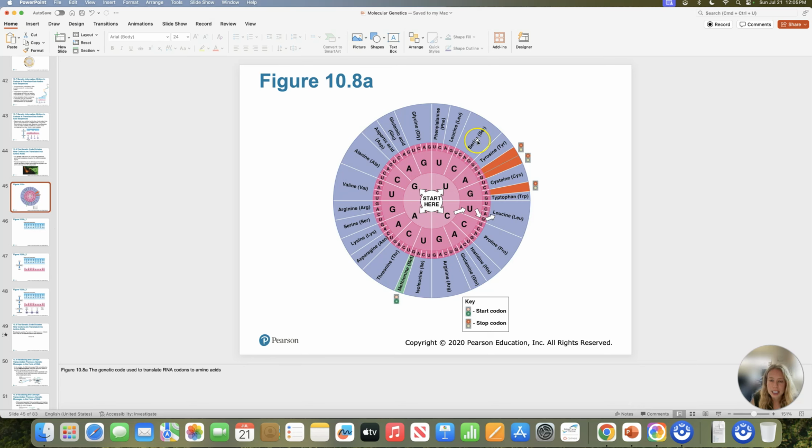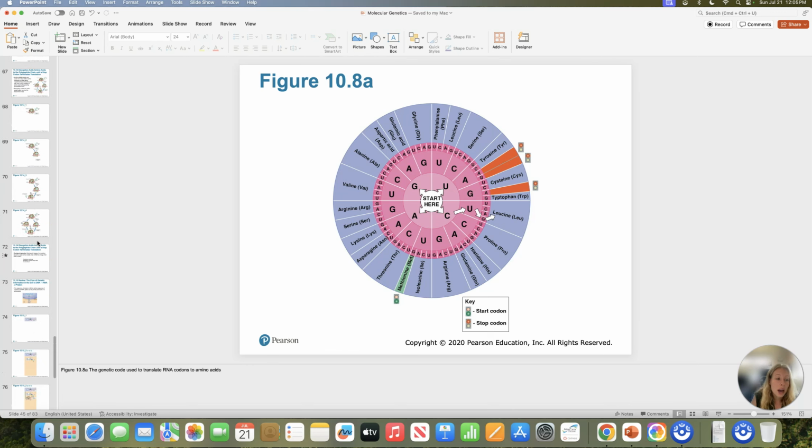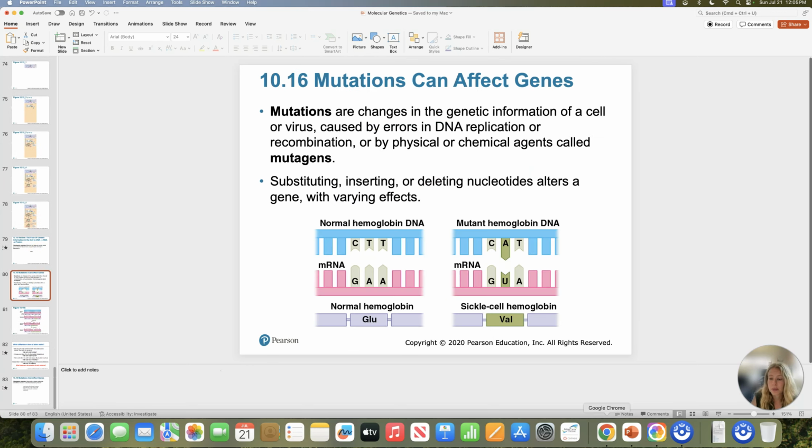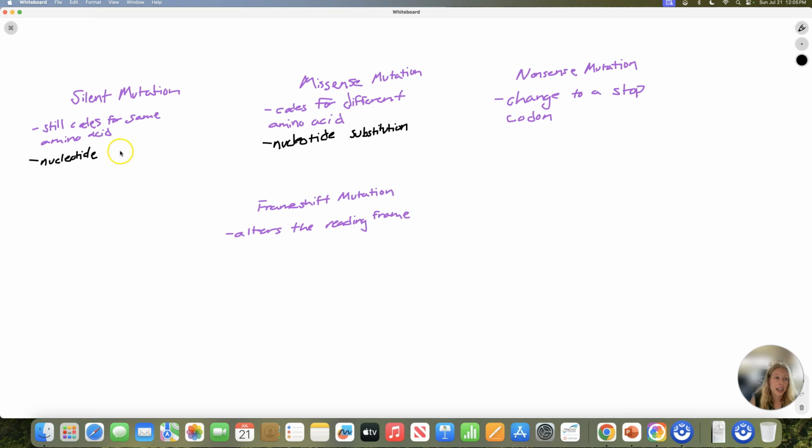Like if we look at serine, there are multiple different ways to produce serine. You could have UCA, UCC, UCU, all of those would produce serine. And then over here, serine shows up again. So AGC and AGU would also produce serine. So there can be situations when a nucleotide substitution doesn't really do anything at all.